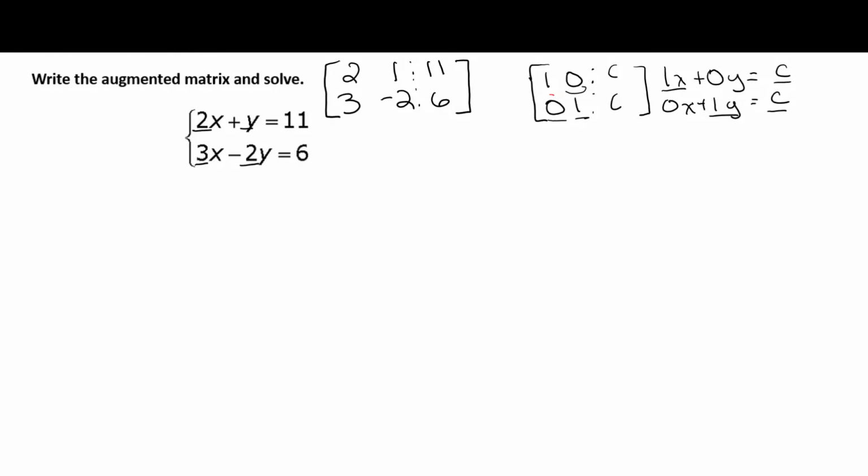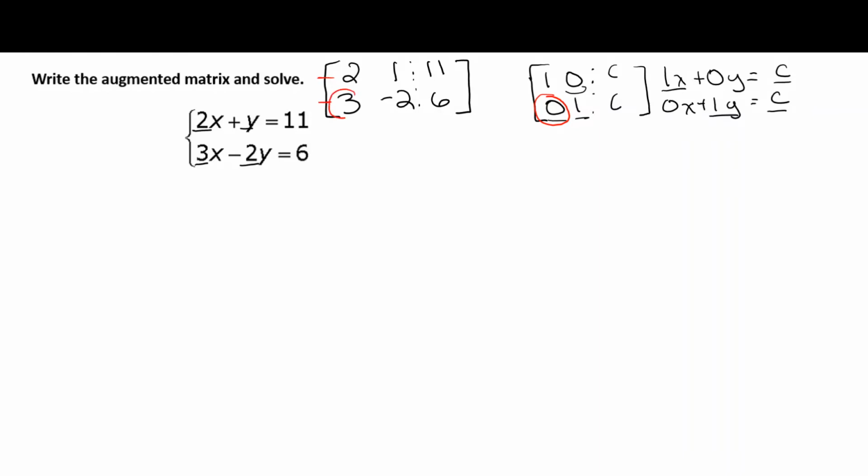So that's our goal. So the first thing I want you to do in order to reach our goal is we're going to try and get this position to turn to 0. So we're going to take our augmented matrix, and just like we did when we did elimination, we look over here at the 2 and the 3.